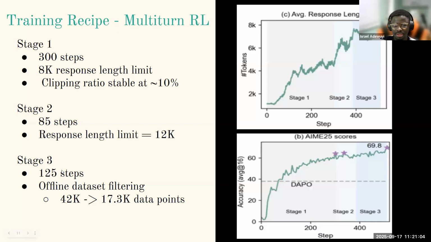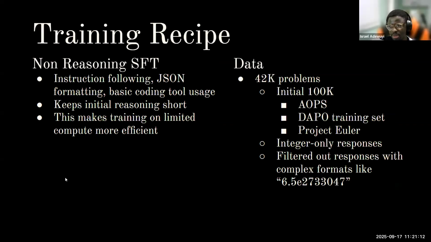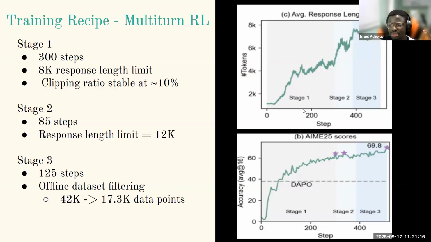Then for stage 3, they carried out offline filtration. The idea here is that you have these 42K problems, then you take the recent snapshots from stage 2 and run all of these 42K problems on them, generating 8 completions per problem.